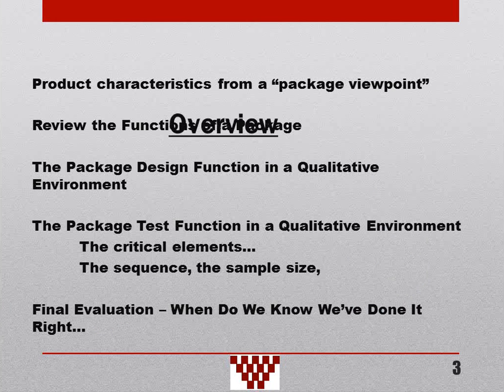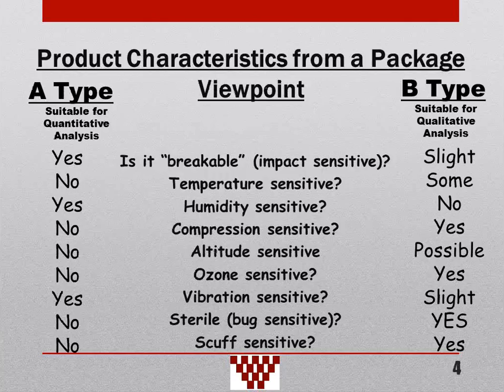First of all, then, from a product characteristics standpoint, I'm going to want to know whether or not I can measure some things during the test of the product and package system, and whether I can measure or not determines the type of test that I'm going to do.